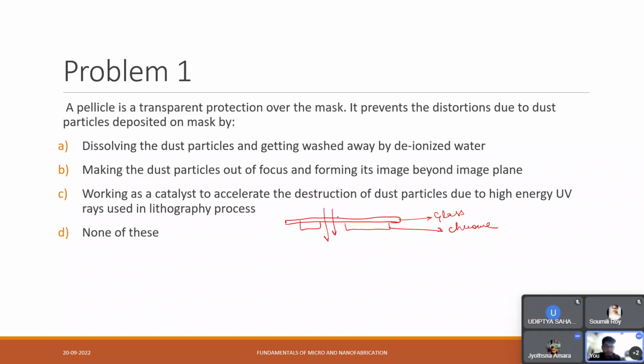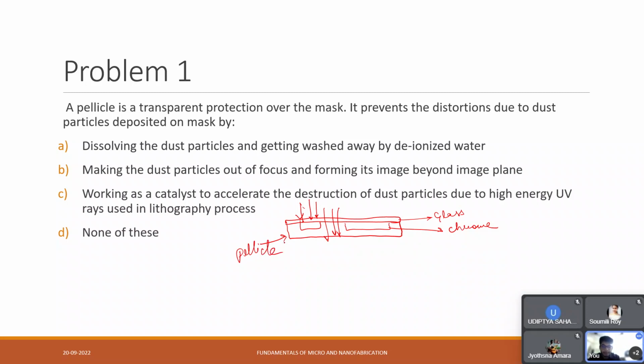Light can enter through these, and light can't enter through the opaque portions. What happens is that we put a transparent protection over it. This is basically the pellicle.